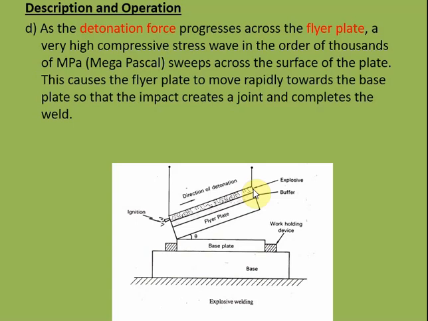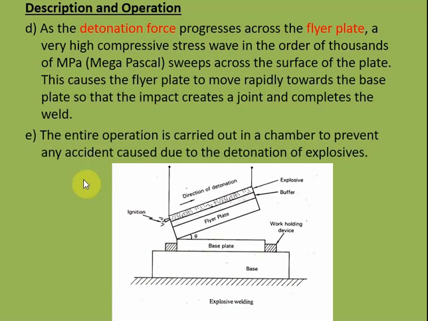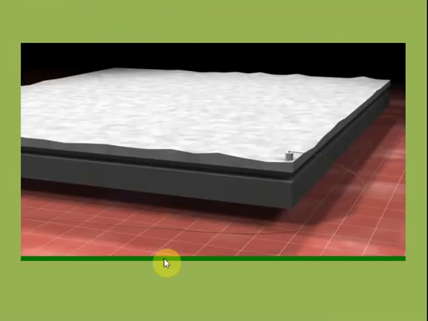Everything happens in a fraction of a second, so that very high impact force makes a weld between the base plate and the flyer plate. This is the working principle of this explosive welding method. The setup will usually be kept inside a safety chamber in order to avoid any hazards due to the detonation of explosive. Now we can see a short video.